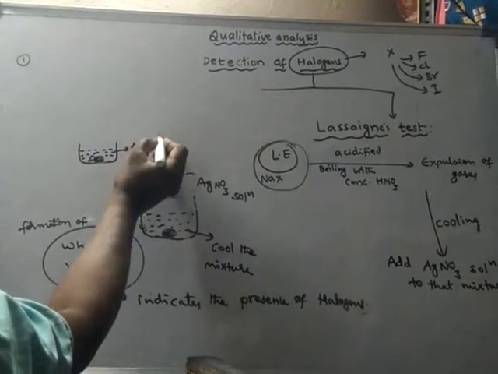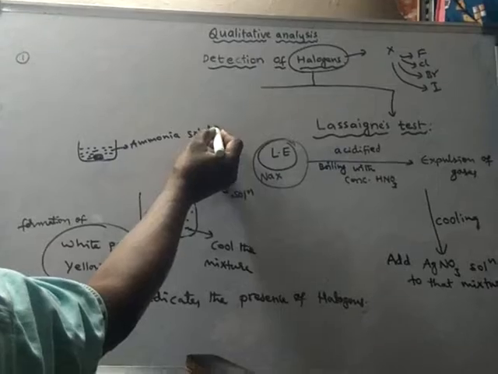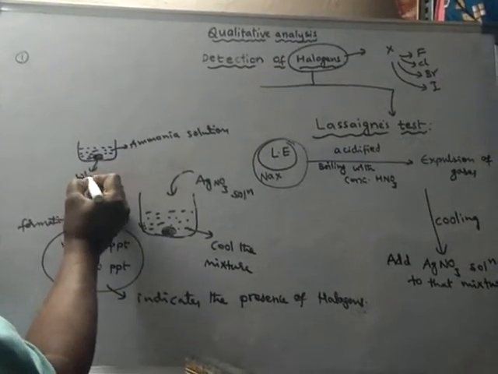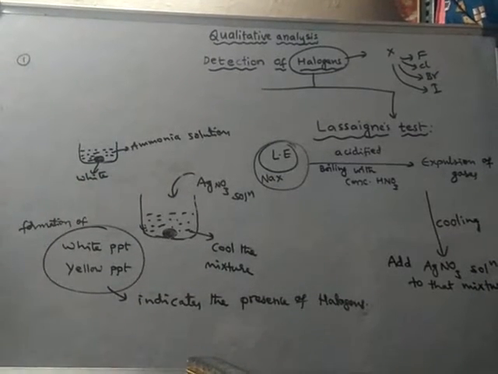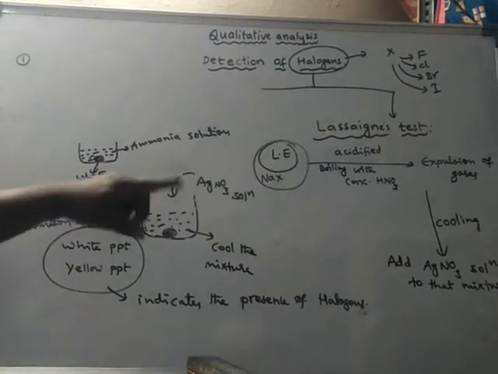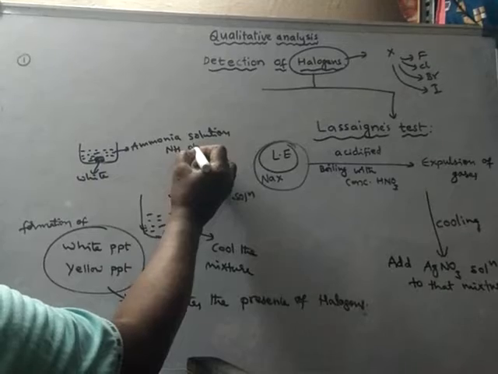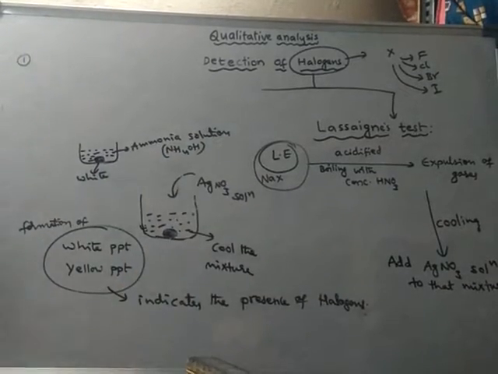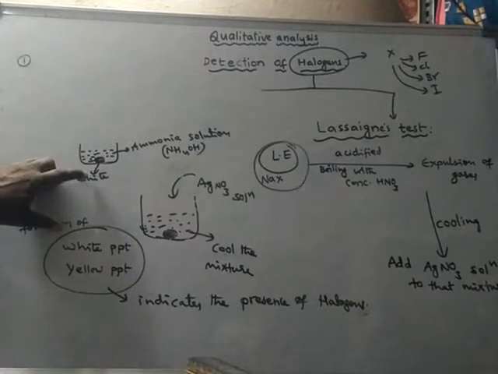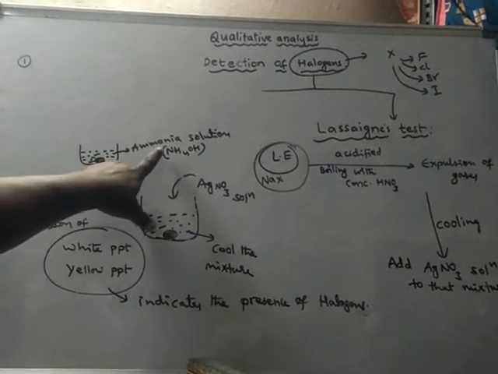Suppose it is a white precipitate. Ammonia solution contains ammonium hydroxide, NH4OH. What happens? This white precipitate will dissolve when introduced into ammonia solution.